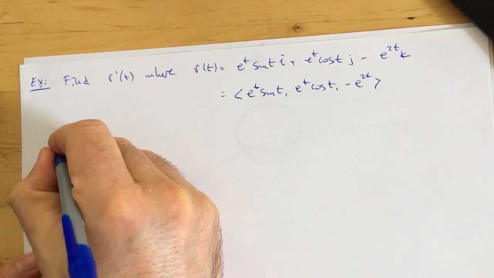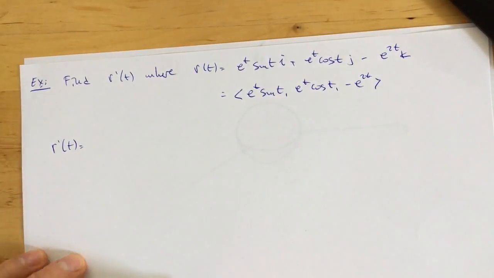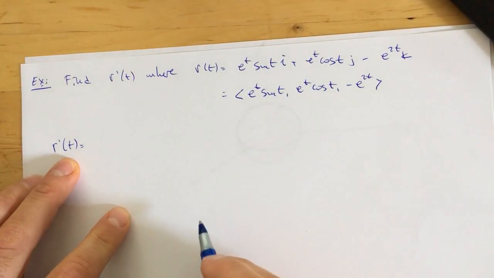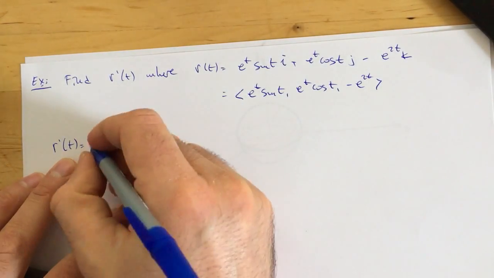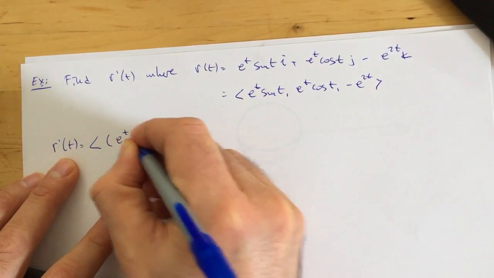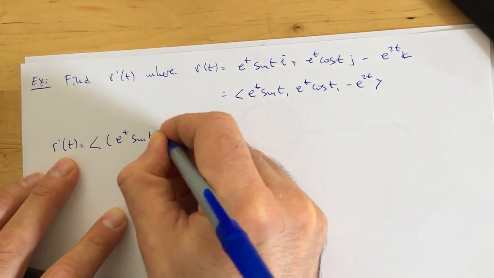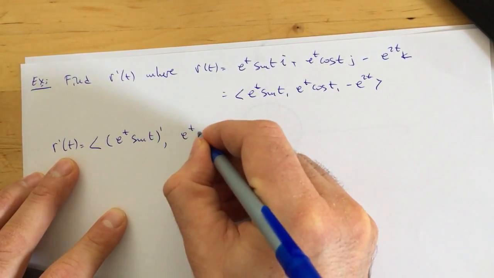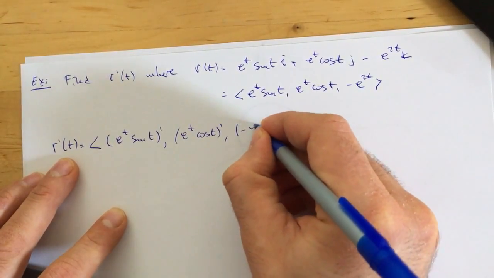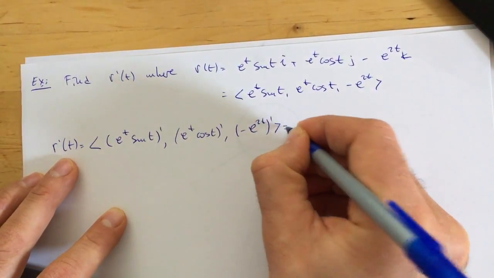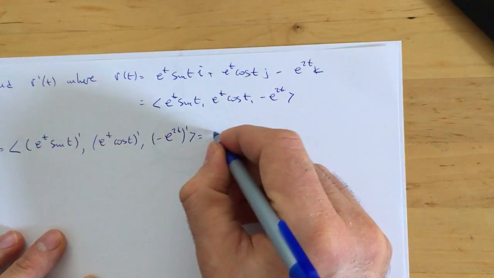Then r prime of t, the question is how much is the derivative, and as we said with the previous theorem, that's going to be the derivative of each of the components of the vector function. So (e^t sine of t)', (e^t cosine of t)', and (negative e^(2t))'. This is very simple.